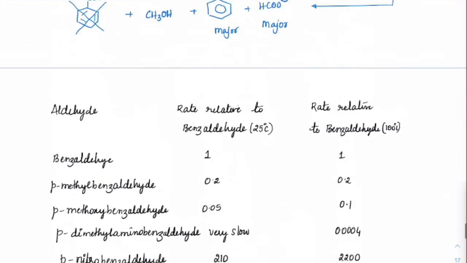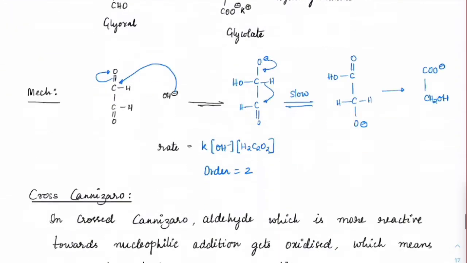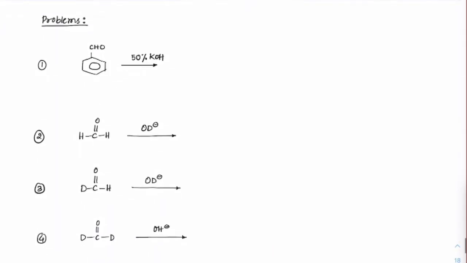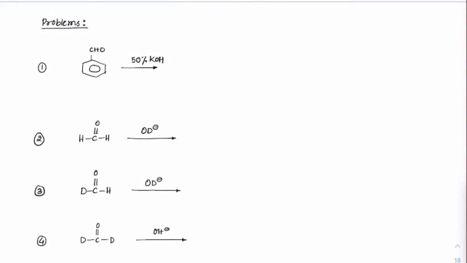So these are the three cases we have studied: self, intramolecular, and cross Cannizzaro. Now see what type of questions usually come from this section. First I took all the self cases, self Cannizzaro. Suppose benzaldehyde, which has no alpha hydrogen, in strong, concentrated basic medium, we will get two products.